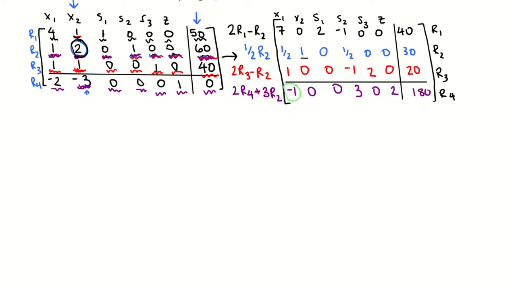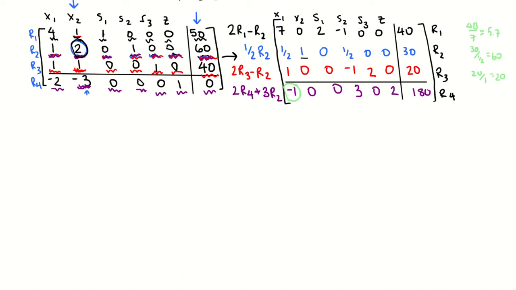So the quotients would be 40 over 7, 30 over 1/2, 20 over 1. 40 over 7 is approximately 5.7. 30 divided by 1/2 is 60. 20 divided by 1 is 20.